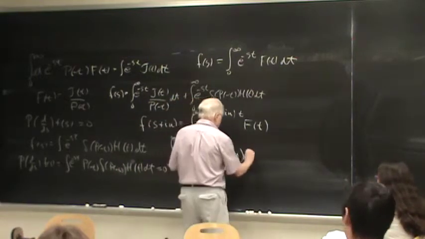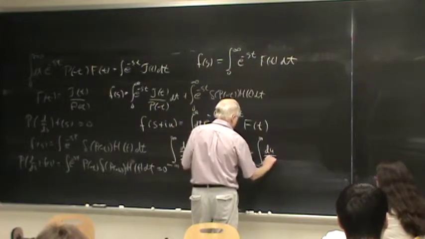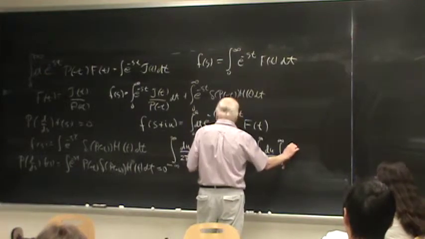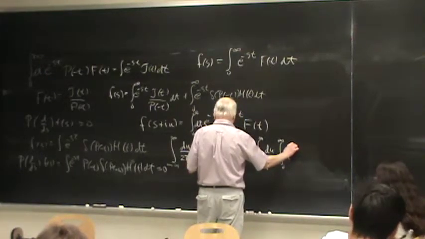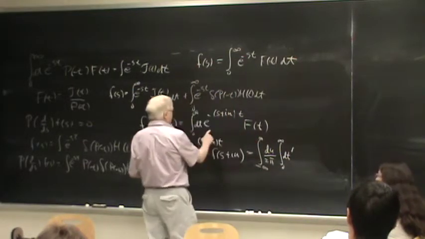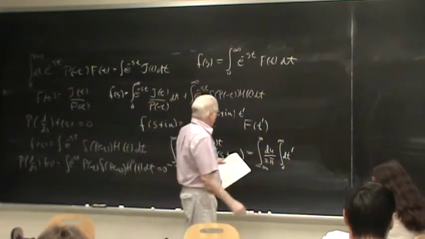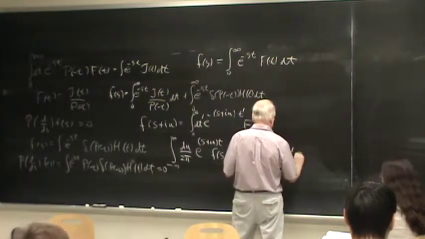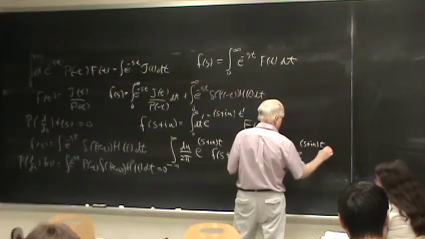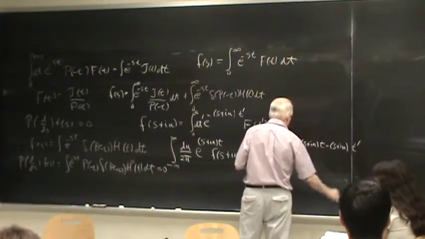And what is that? Well, that's going to be an integral from minus infinity to plus infinity du over 2 pi, 0 to infinity dt prime. Yes, all right, so I'm going to change this to a prime. And then what we have is e to the (s plus iu) t minus (s plus iu) t prime.